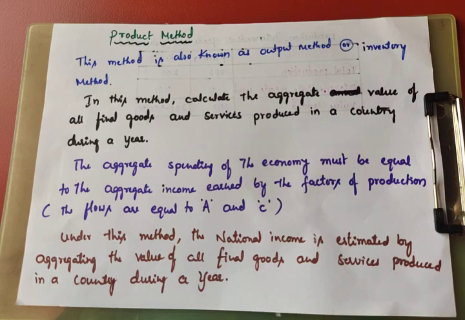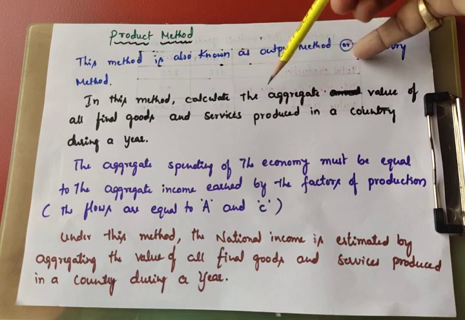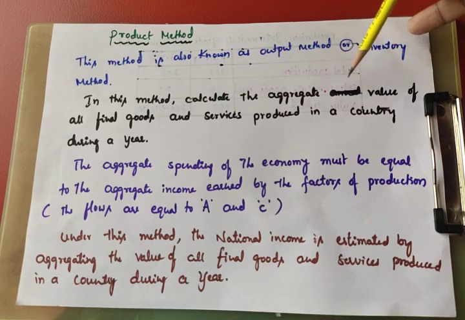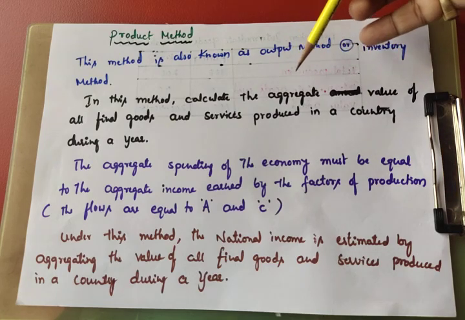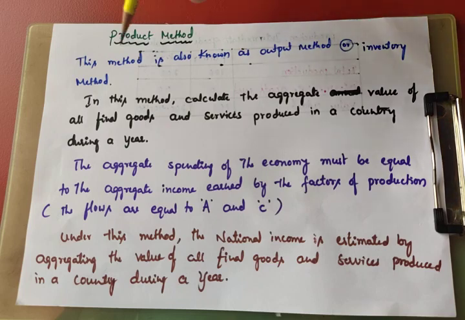So the product method is this: we calculate the aggregate total value of all final goods and services produced in a country during a year. Once again, I repeat, in this method we calculate the aggregate value, in terms of money.